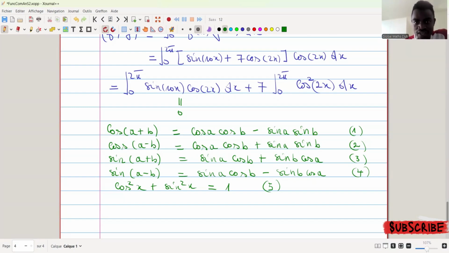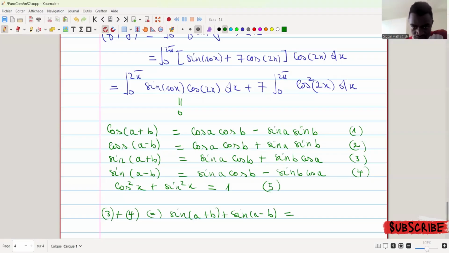So if you are looking for a formula with sine a, cosine b, if you take 3 and 4, if you take maybe 3 plus 4, what are you going to have? 3 plus 4 is sine a plus b plus sine a minus b.